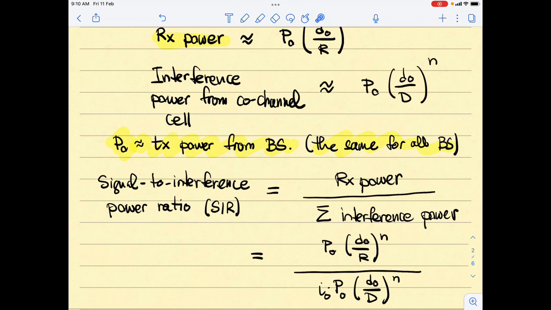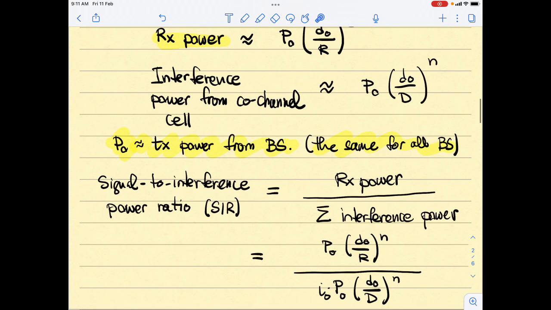Now we're going to measure the quality of the signal by looking at what we call the signal to interference power ratio, or SIR. What is this? It's the ratio between the received power of the intended user divided by all the interference power.